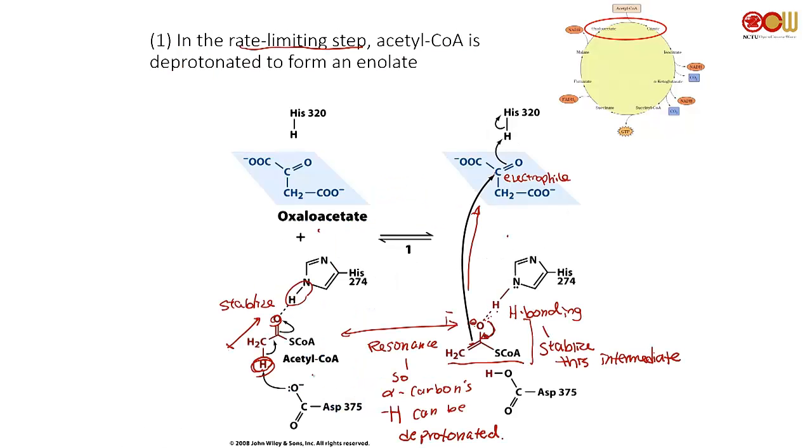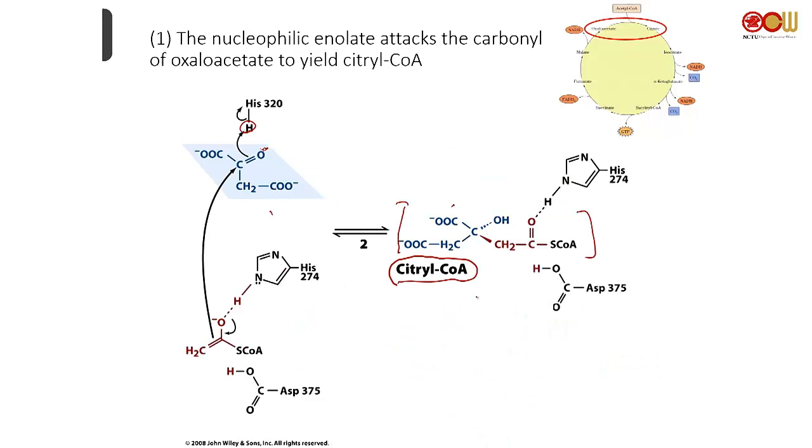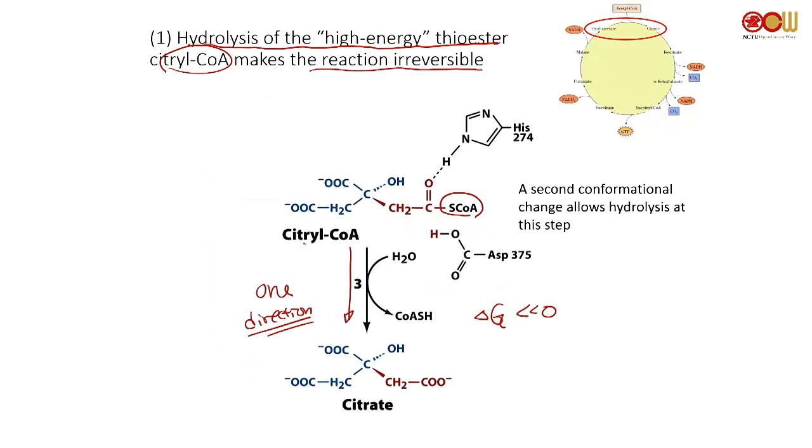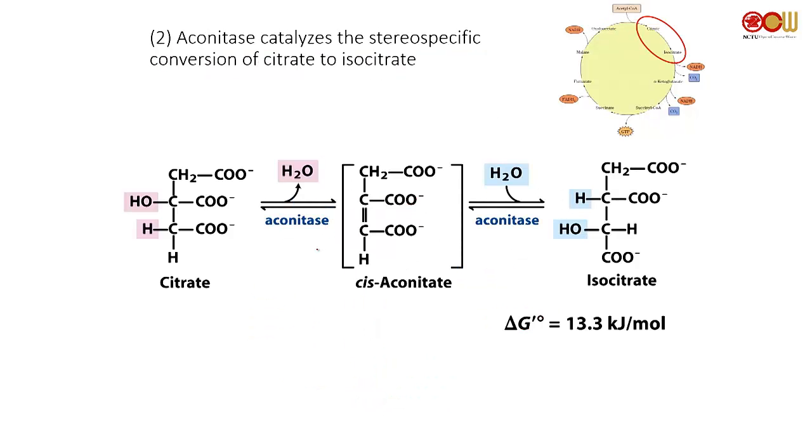All the previous mechanism here, whether it's the deprotonation of the alpha carbon, the nucleophilic attack, or the nucleophilic attack of the enolate on oxaloacetate, all of that was reversible. But when you get to the hydrolysis of the thioester, then it becomes irreversible. Okay, good. All right, so that's the first reaction.